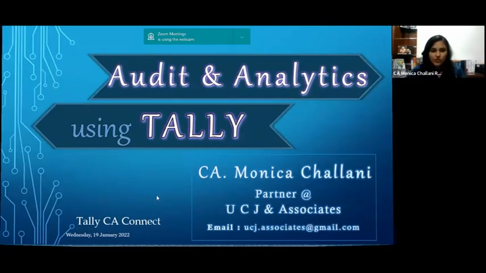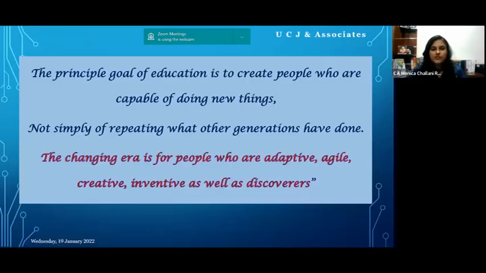Having said this, I'll move on. I start the session with a quote. The principal goal of education is to create people who are capable of doing new things, not simply of repeating what other generations have done. A classic example is Tally shifting to TallyPrime.